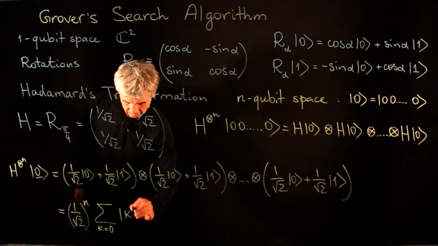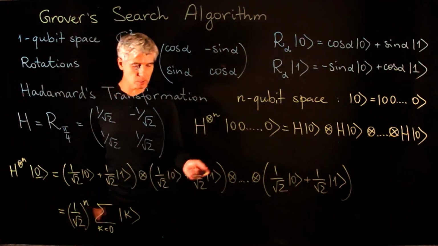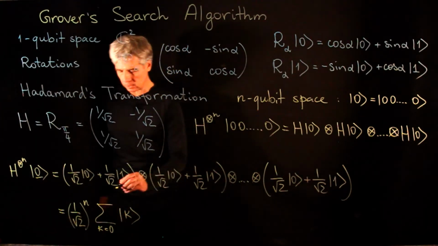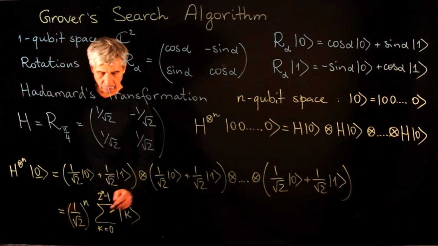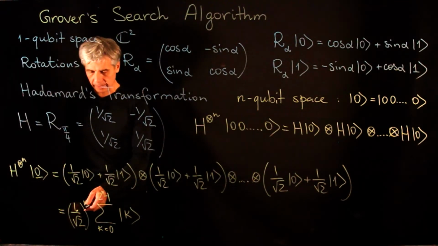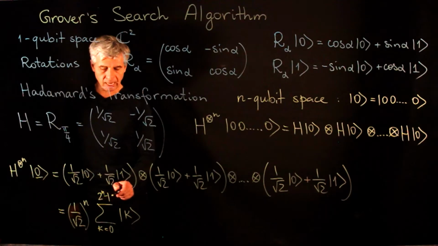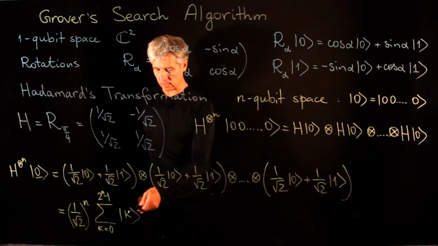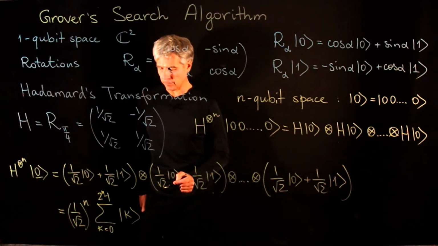And the highest value of n-bit string is all ones, and all ones is 2 to the n minus 1. So we obtain this expression: 1 over square root of 2 to the power n, and then the summation where k goes from 0 to 2 to the n minus 1, and this integer k is understood as its binary expansion as an n-bit integer.